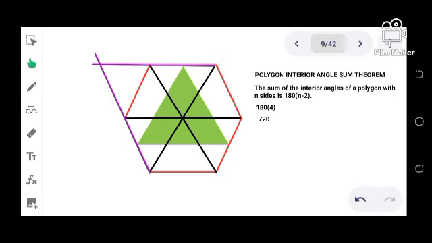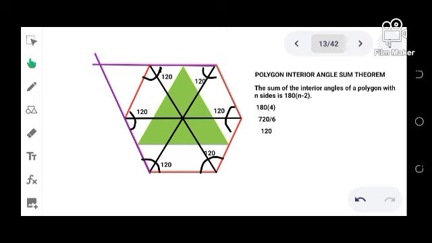That means the sum of the interior angles of this regular hexagon is 720. Since the hexagon is regular, the interior angles are also equal. So we divide 720 by 6, and this gives us 120. That means each of these interior angles measures 120.